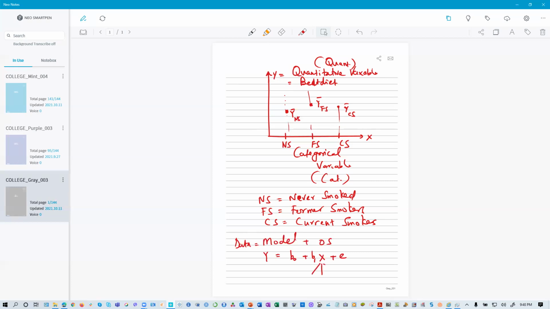In this case, three options. In a case where you have two options, one variable is enough. I need at least two dummy variables to represent three categories. So I'm going to add another one here, B2 X2 plus error.